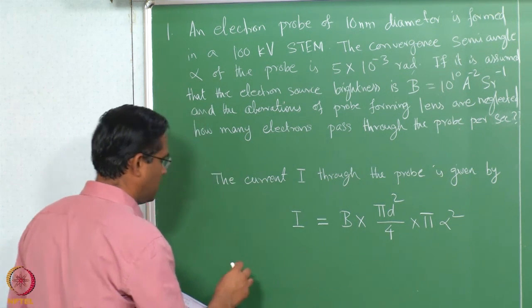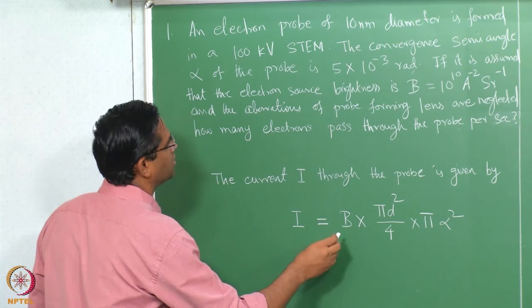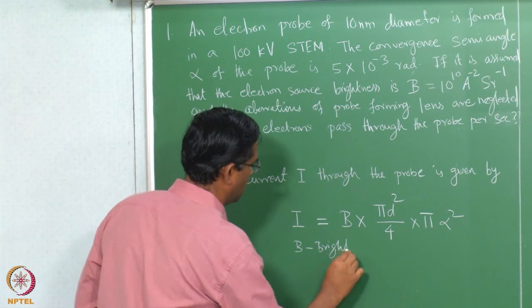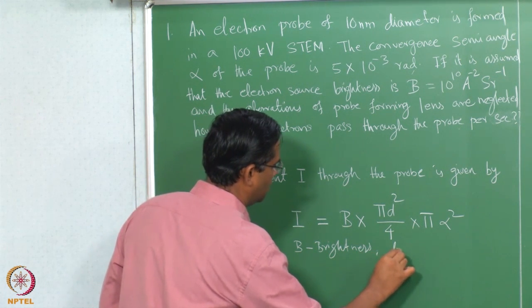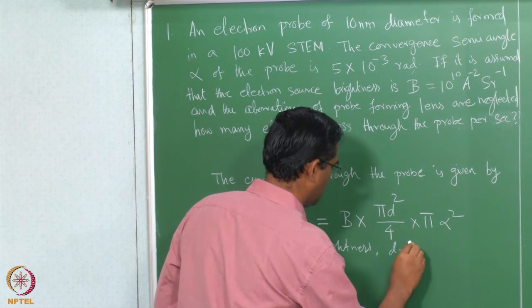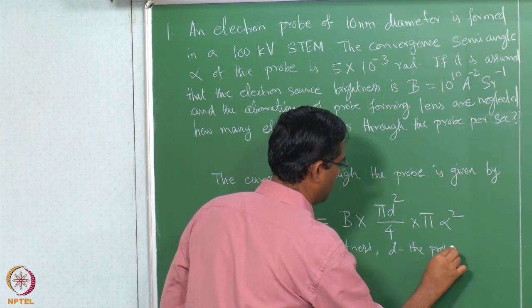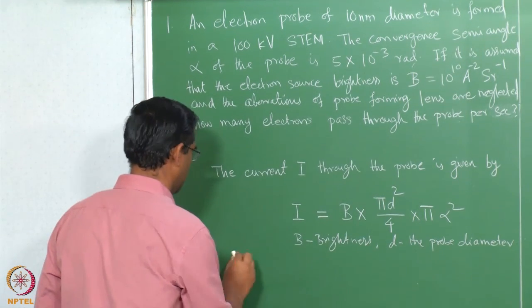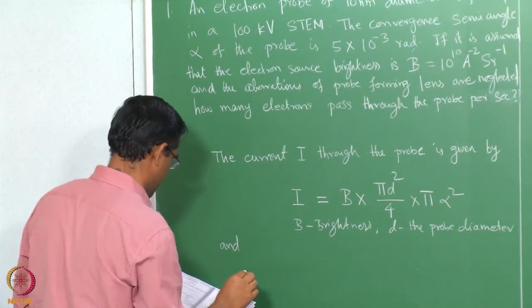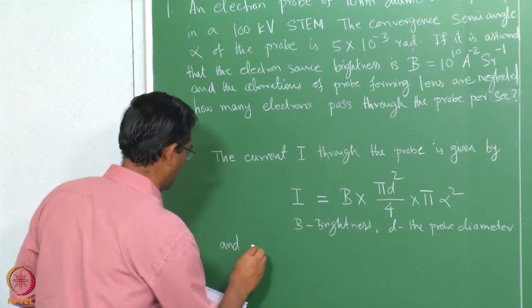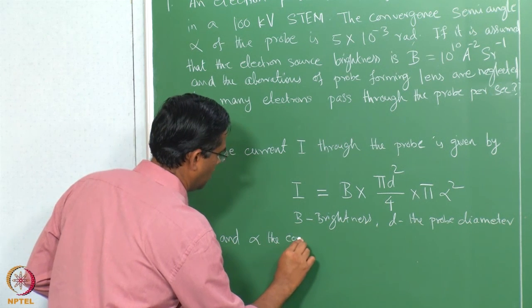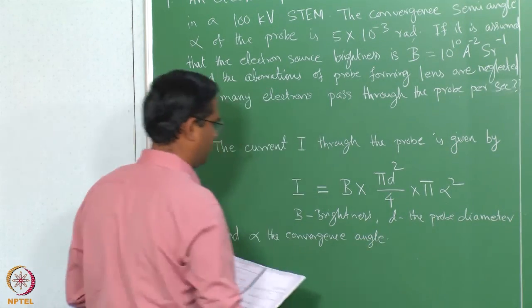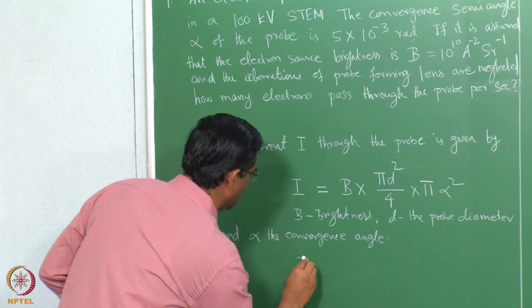You can, if you want, write B the brightness, d the probe diameter, and alpha the convergence angle. So a simple substitution.